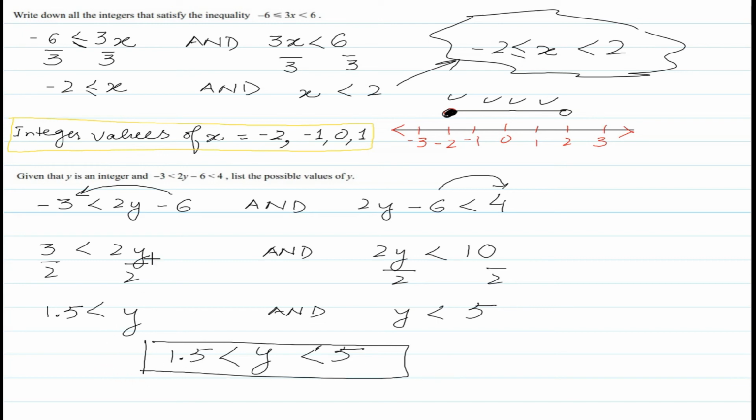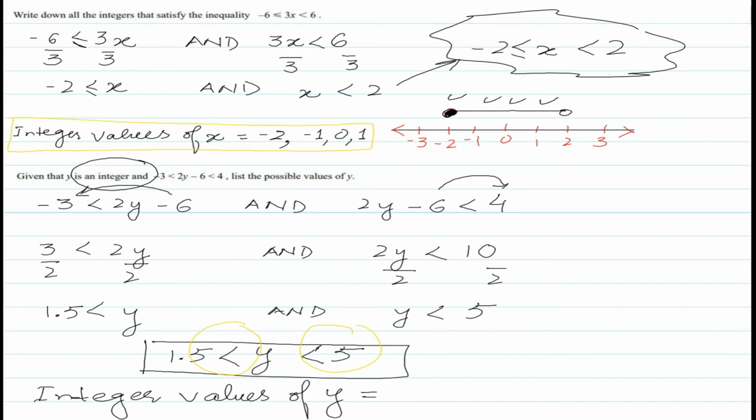You need to write the integer values from that because integer values are required. So the integer values of y equals, you need to write all integer values. And now since there is no equality sign, you can look at both statements, both inequality signs.